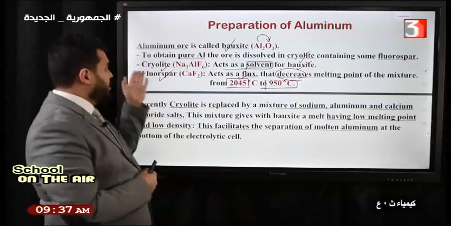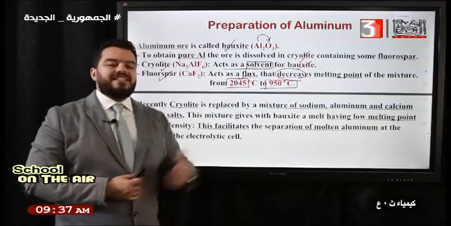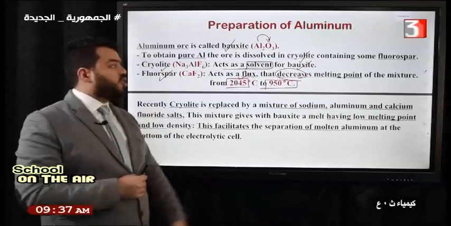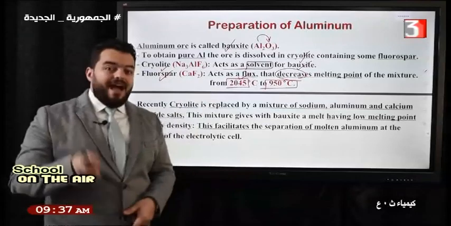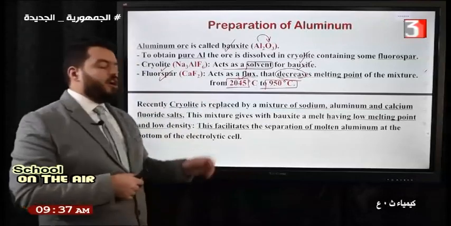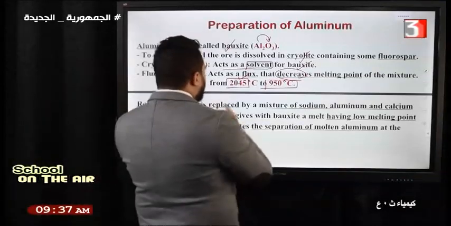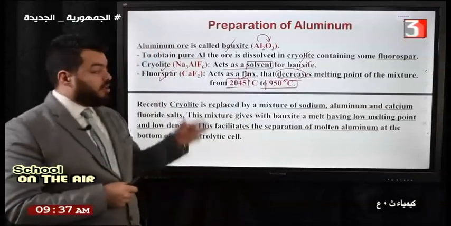So you use the cryolite to dissolve the bauxite. What is bauxite? Bauxite is the aluminium ore, which is aluminium oxide.